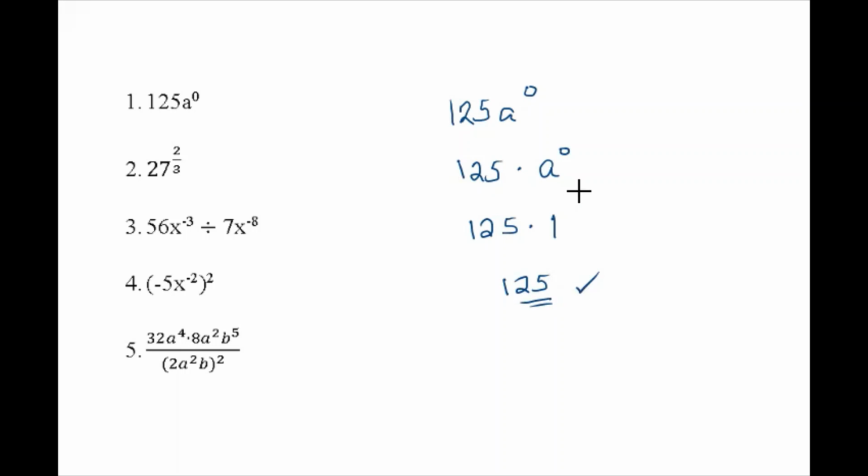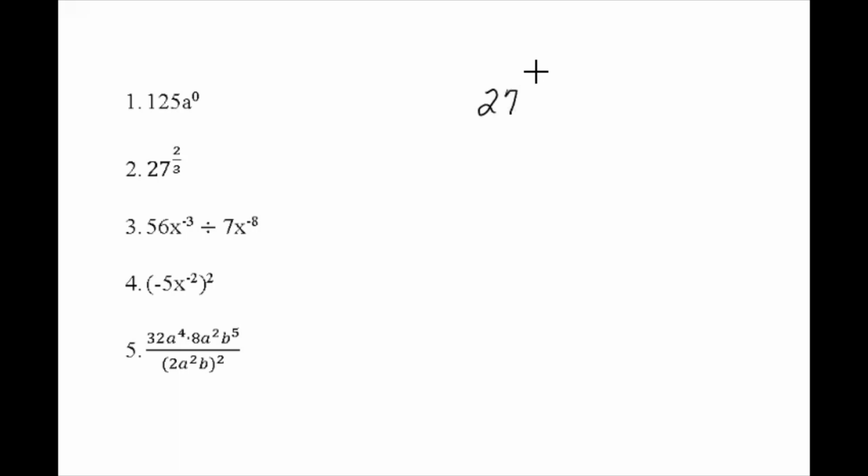All right. So don't get tricked by this. Let's look at our second problem. We have 27 to the 2/3. Now, what this means is I have the cube root of 27, squared.